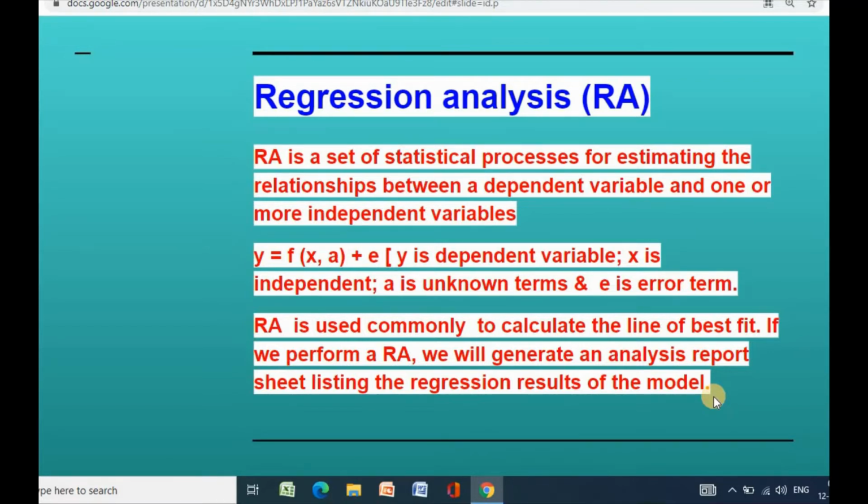For example, y equal to f(x, a) plus e, where y is the dependent variable, x is the independent variable, and a is the unknown terms, while e is the error term. And regression analysis is commonly used to calculate the line of best fit. If we perform regression analysis, we will generate an analysis report sheet listing the regression result of the model.